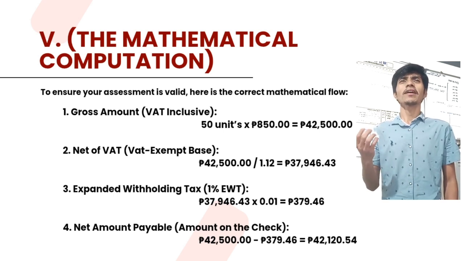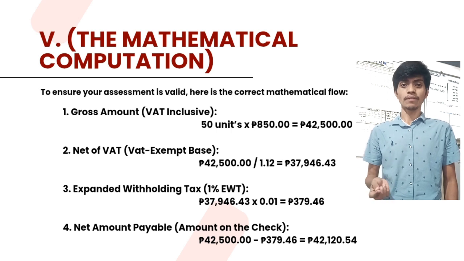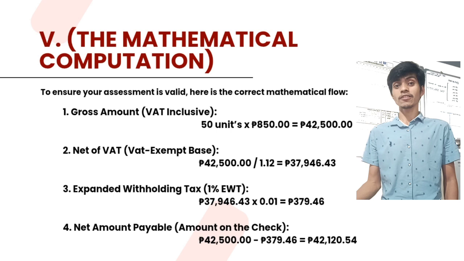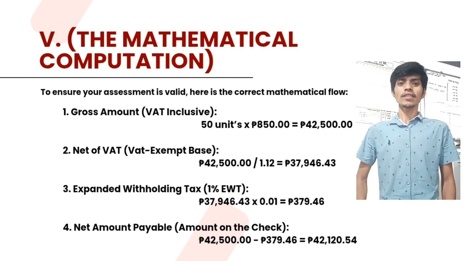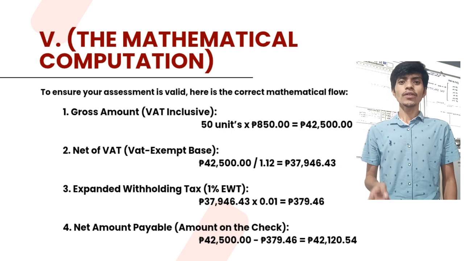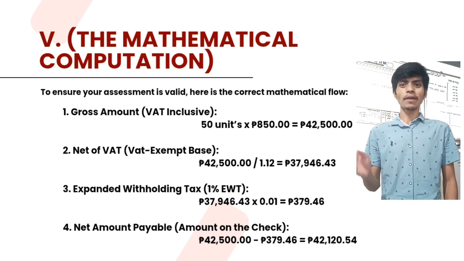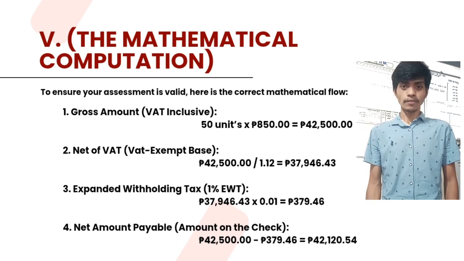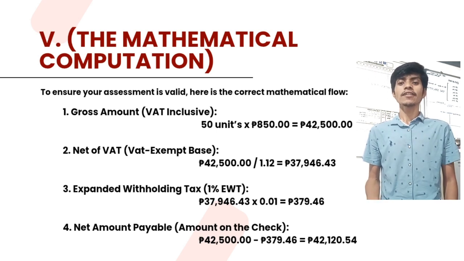Or are you the one to pay the exact amount or the gross amount if you pay the supplier or the hardware? No. So that is why you need to subtract the withholding tax from the gross amount to get the net amount, because the company is liable to pay the withholding tax.